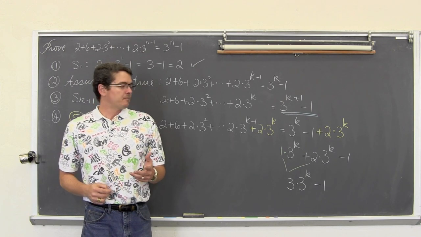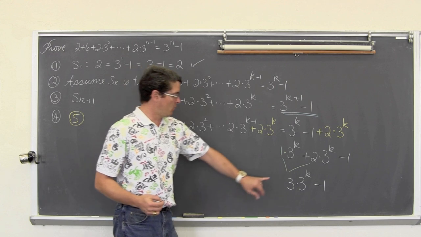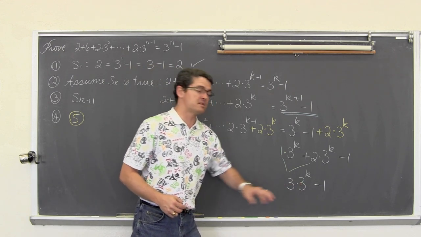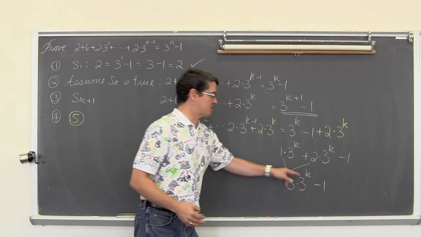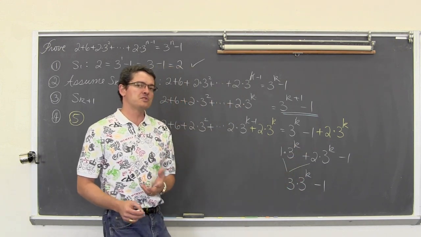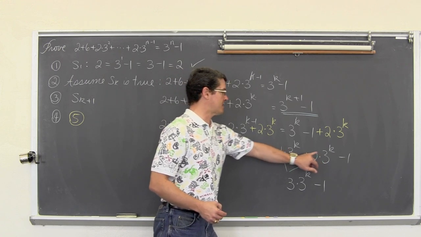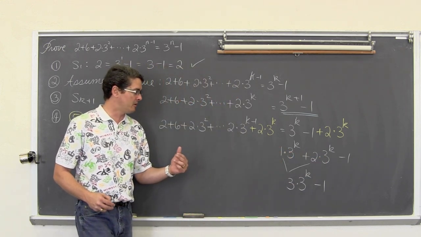So now what do we do? Because this still doesn't exactly match 3 to the k plus 1 minus 1. Well, what do we do when we multiply like bases? In this addition, I have the base and the exponent that I just basically copied down, and 1 and 2 makes 3, the leading coefficients, if you will. It sounds funny to say that because I know what this base is, as opposed to our normal algebraic thing where the base is a variable.